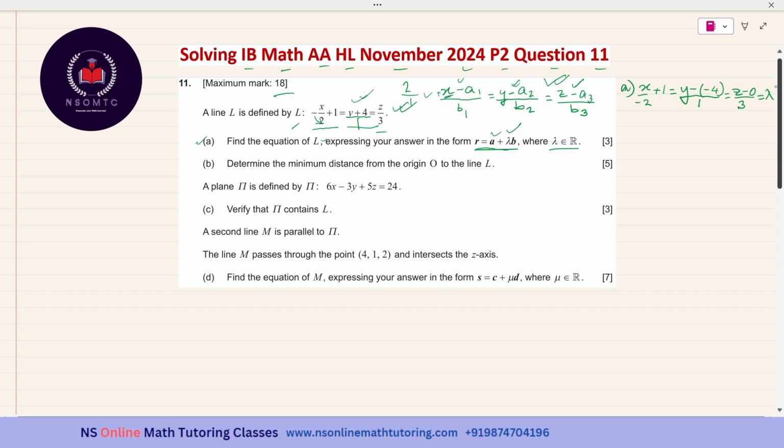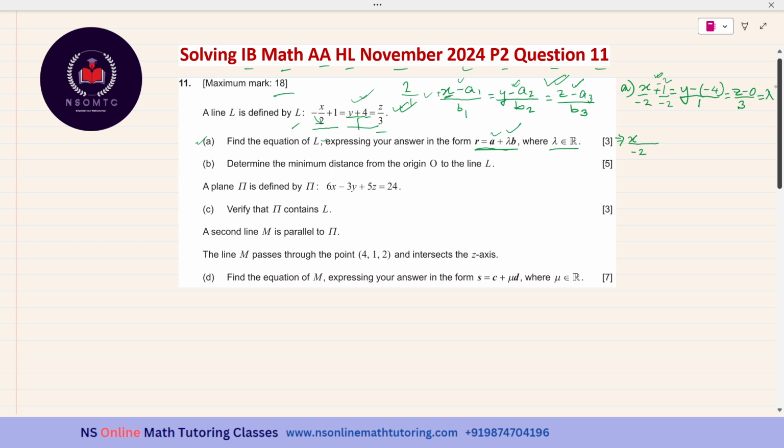And now I have to rearrange the first part. So I have to have the common denominator. Therefore, this is minus 2. If I make the denominator minus 2, this becomes minus 2 and this also becomes minus 2.